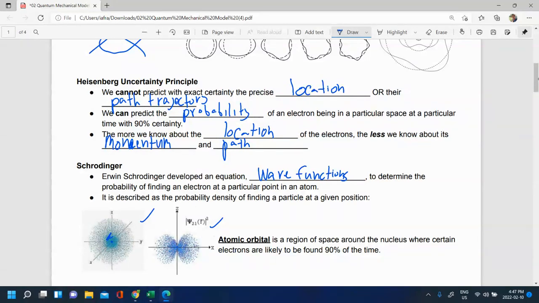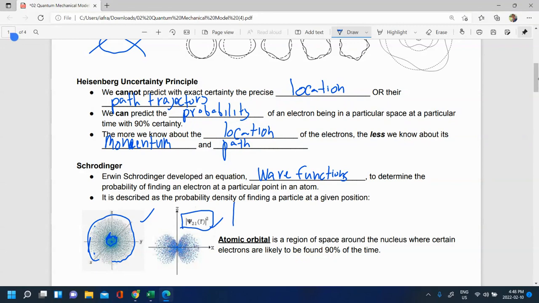Darker regions represent a higher chance of finding the electron closer to the nucleus. And regions that are not as dark, well, that's a lower chance of finding the electrons there. These graphs come from the wave functions, and they take into consideration probability, and also the fact that the electron acts like a wave as well, and not just a particle. So this is a wave function over here.